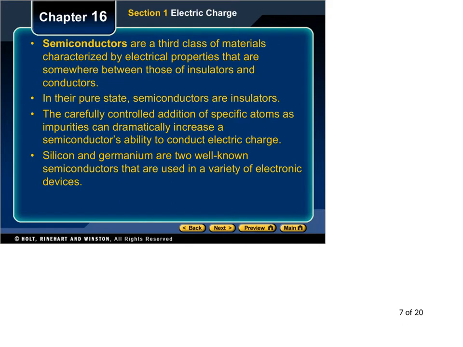A couple other classes we come up with. Semiconductors have properties somewhere between those of insulators and conductors. In pure state at normal temperatures, semiconductors are insulators.